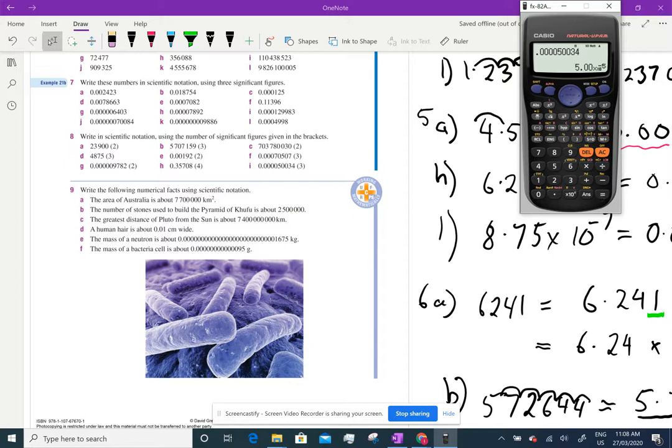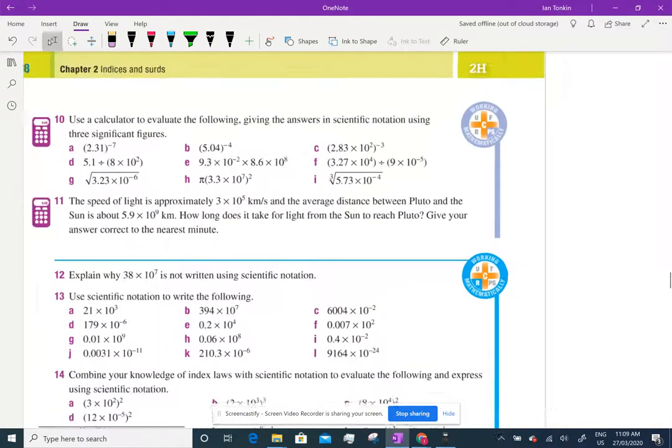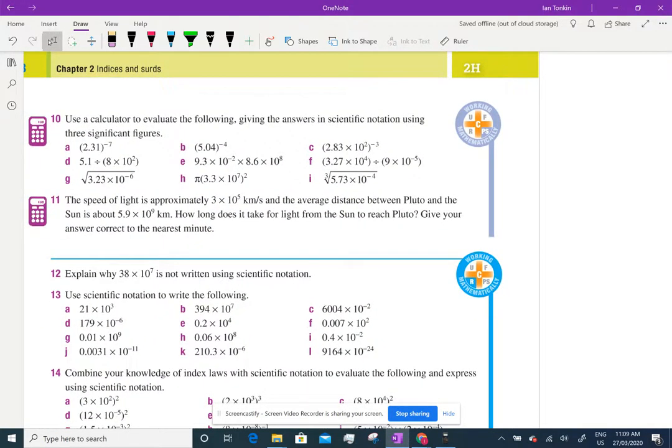I'm just checking the answers. I know it's right. And question 8, L, 5.00 times 10 to the power of -5. Your calculator does it. If you leave your calculator in scientific notation when you're doing these questions, you just set your calculator to scientific notation and 3 significant figures.